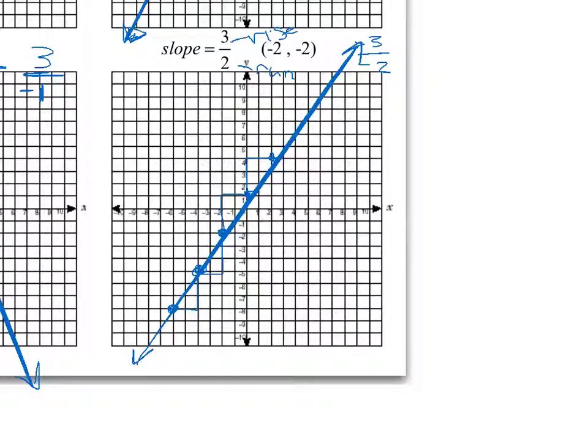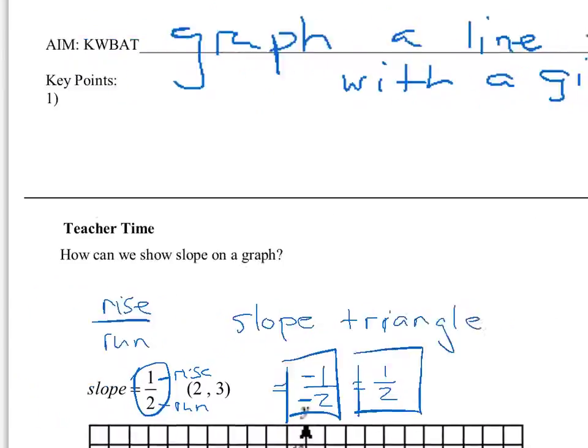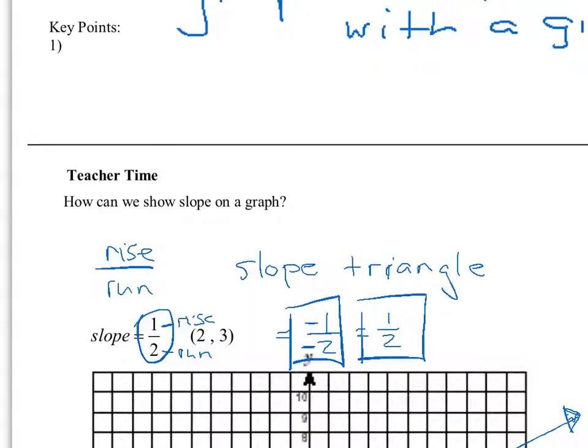All right, key points, please. Kevin. Let's go ahead and make this part 1 of key point 1, number 1. So the first thing, first, graph the point.